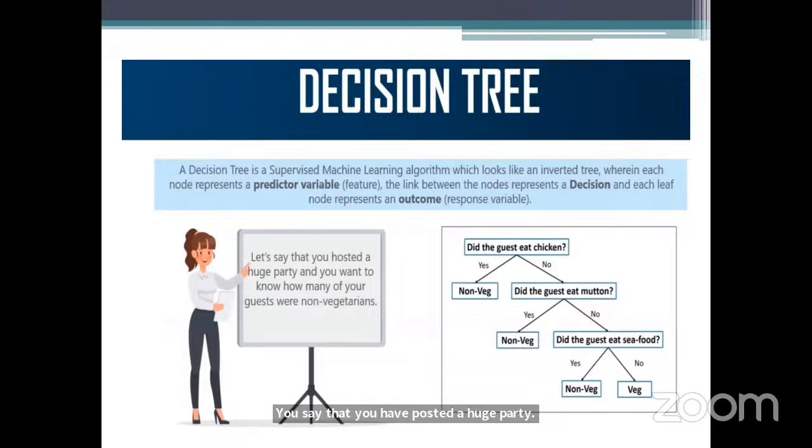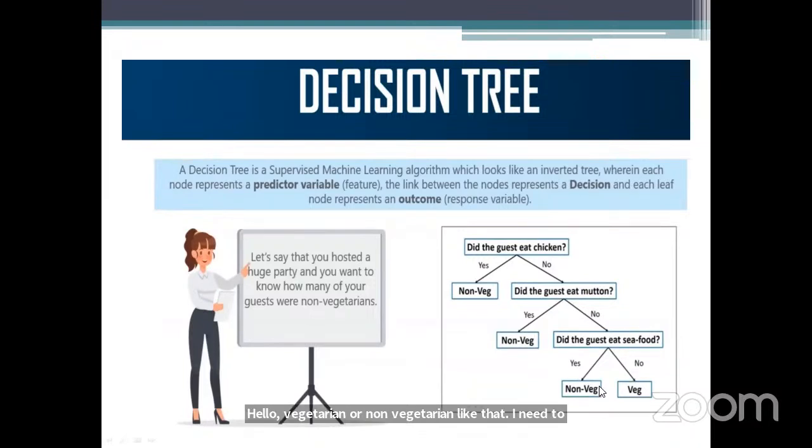You hosted a huge party and you want to know how many of your guests were non-vegetarian and how many of your guests were vegetarian. To solve this problem, see the figure, I have created a decision tree that classifies the guests as either vegetarian or non-vegetarian. Finally, it will give the answer.